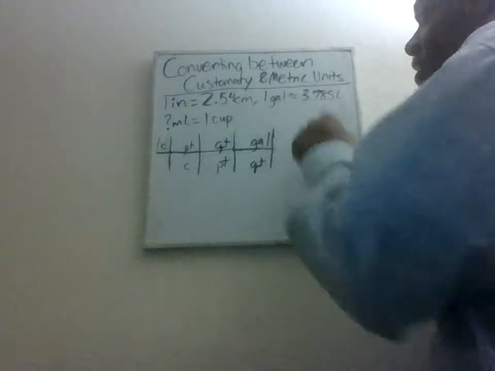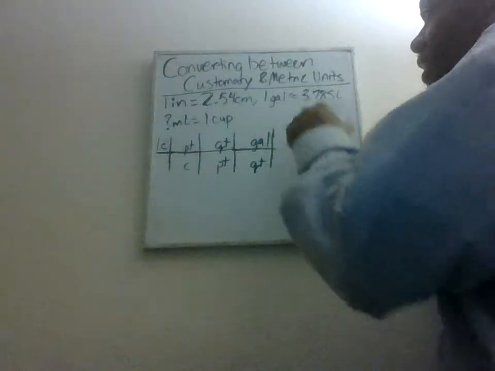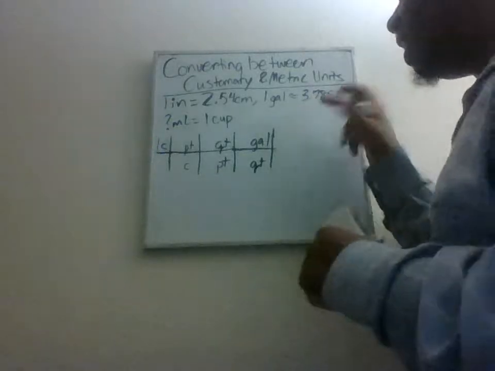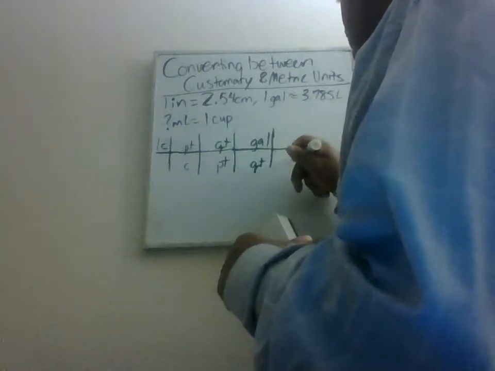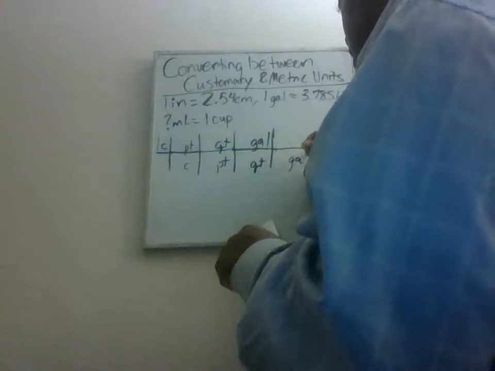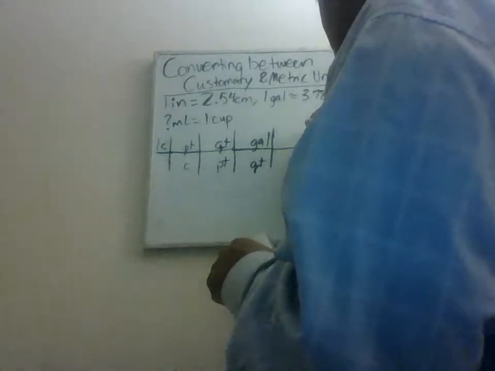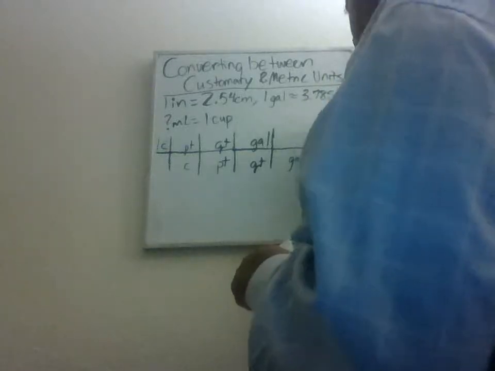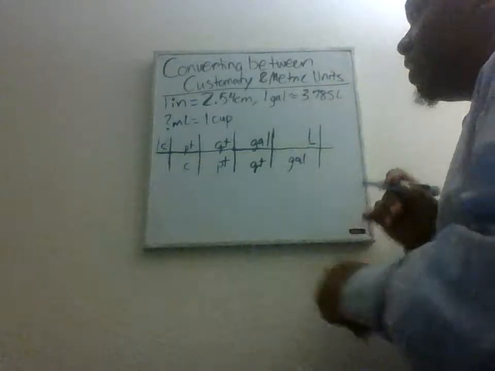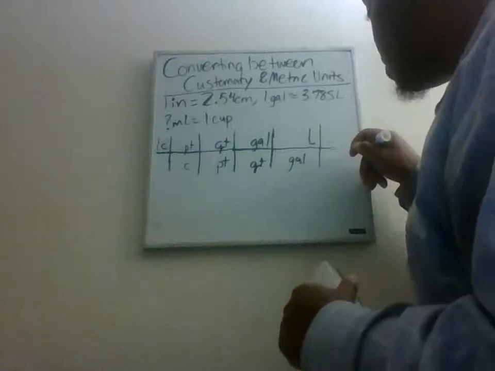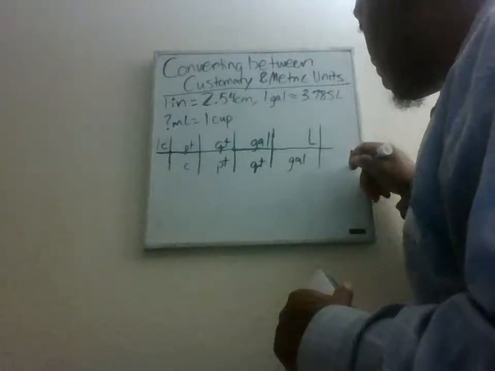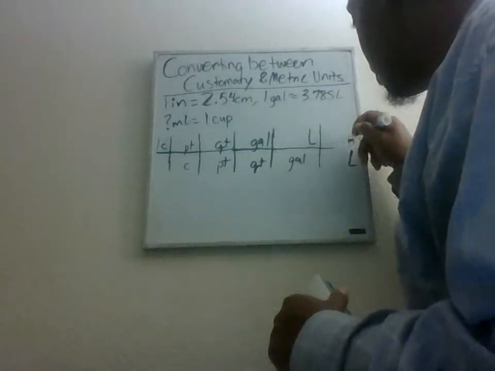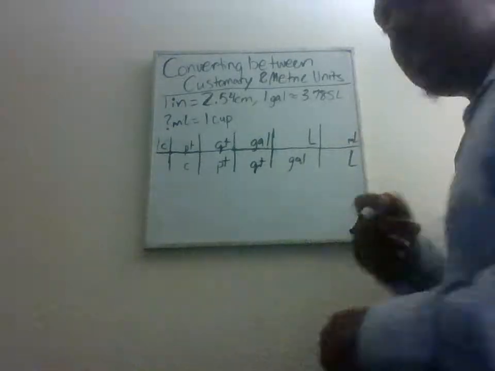Once we have gallons, all we need to do then is get to liters from there because we have a conversion factor. So from gallons, we can get to liters. And then from liters, the end result we want is milliliters. And then we'll be done.